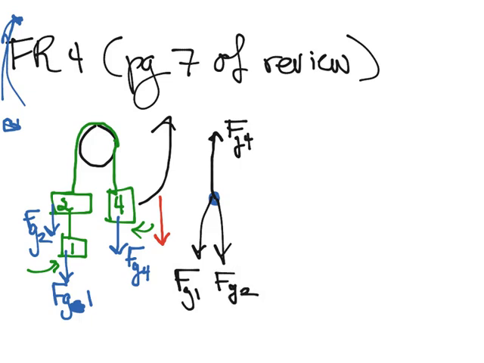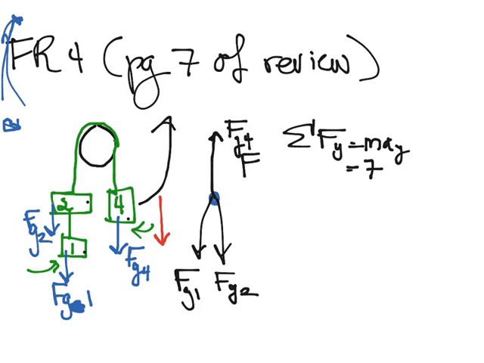Then we write out Newton's second law. Sigma Fy is equal to MAy. We know that the combined mass, 1 plus 2 plus 4, has to be 7. And each Fg will just be 10 times whatever mass we have.